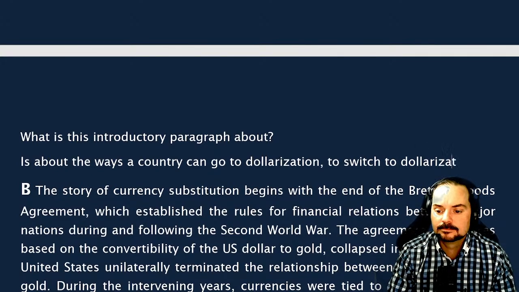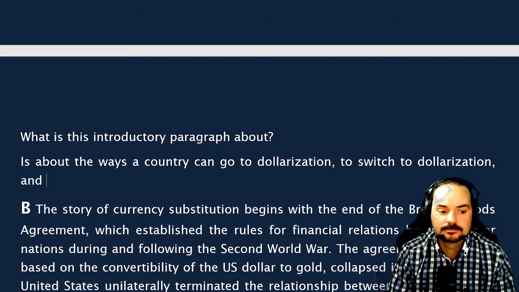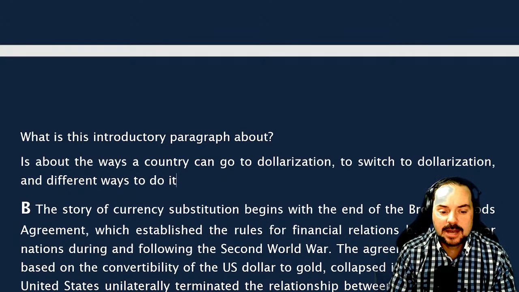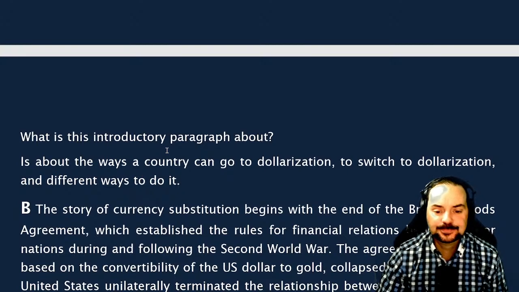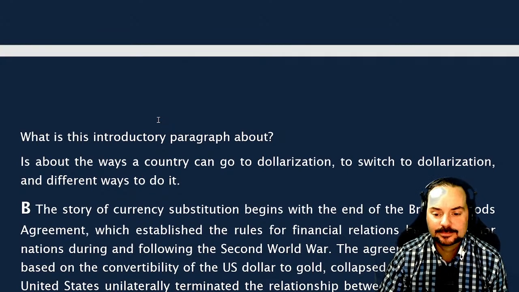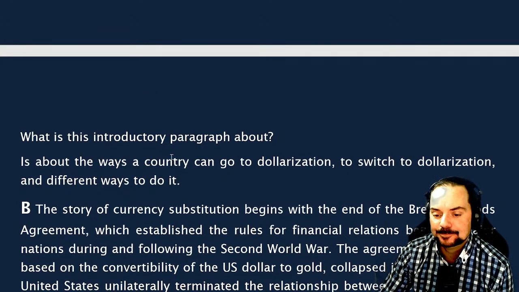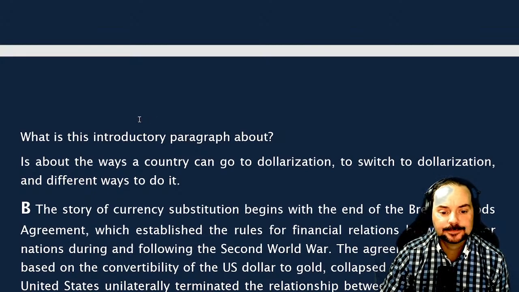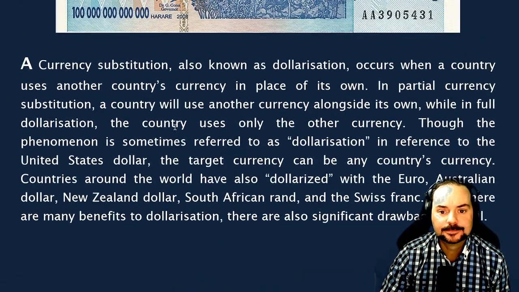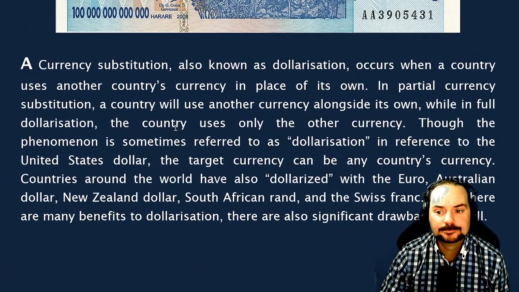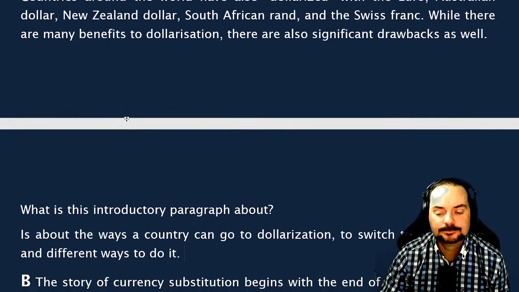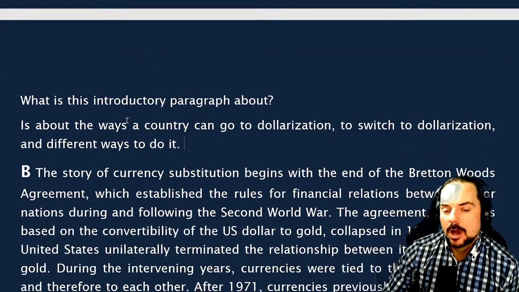And the passage is about different ways to do it. Are you happy with that answer? Not 100%. Why not? Because at the beginning there is some information about how the process began. Okay. All right, good.